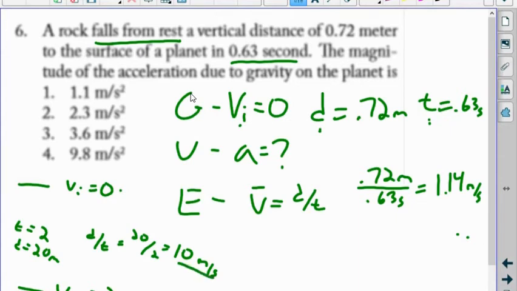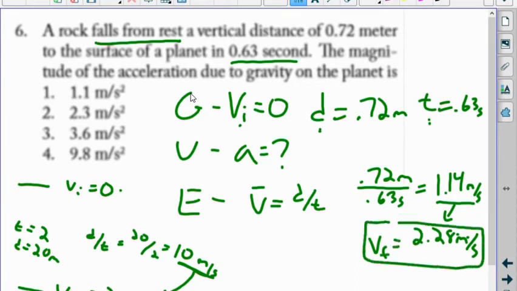So if I want to go from my average velocity to my final velocity, I've got to multiply by 2. So over here I have my 1.14 meters per second. I've got to double that and come up with 2.28 meters per second for my final velocity.